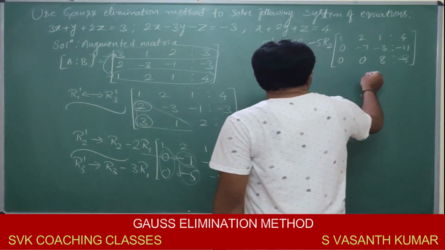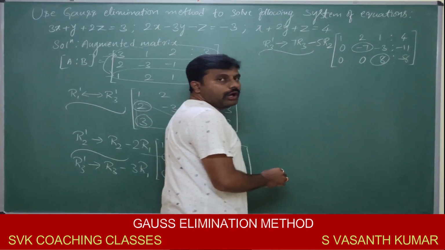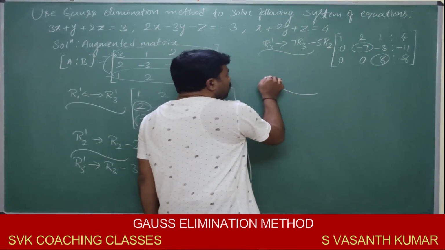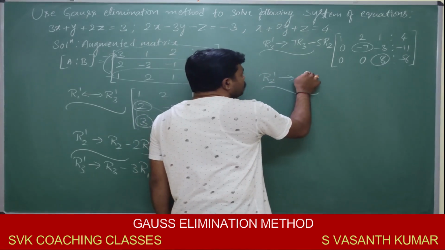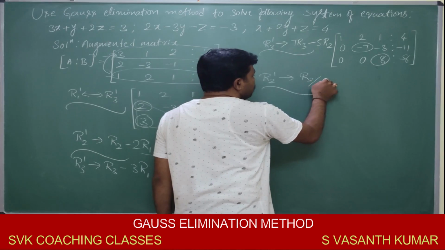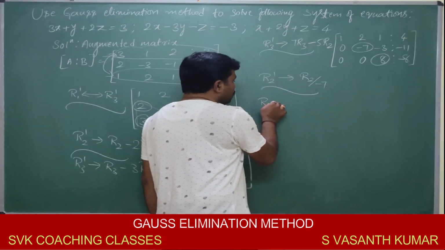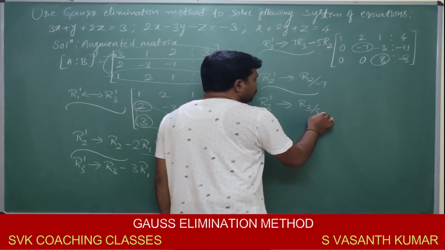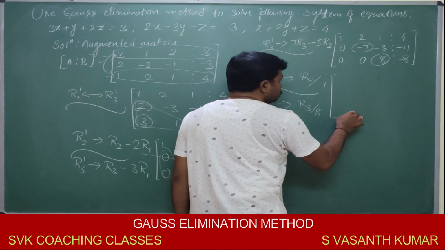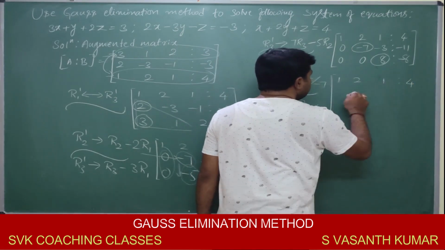So therefore, now I will make the diagonal elements 1. I am going to divide row R2 by minus 7 and row R3 by 8. So you are left with the first row as it is.